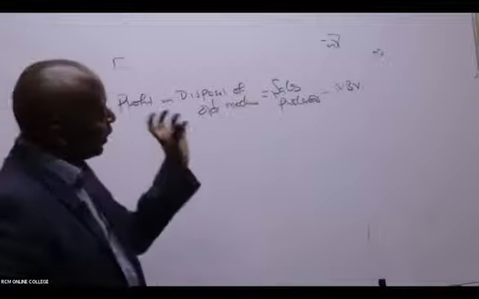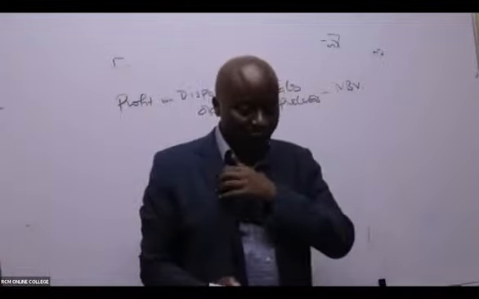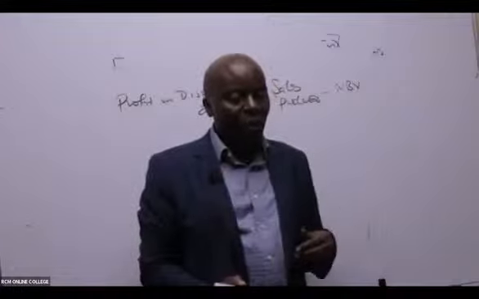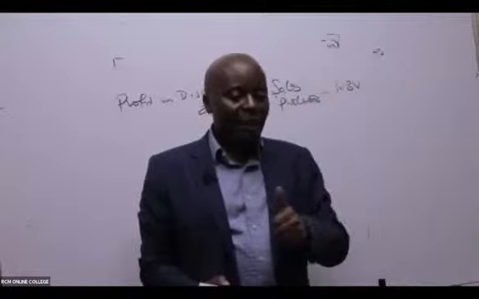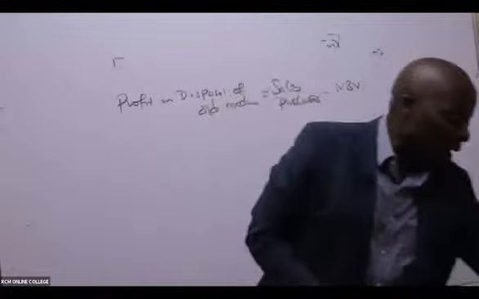Is there somebody who is able to see how much I will be able to sell this machine? I can see already Mochama has given me that figure of 100. Are you able to see the selling price?